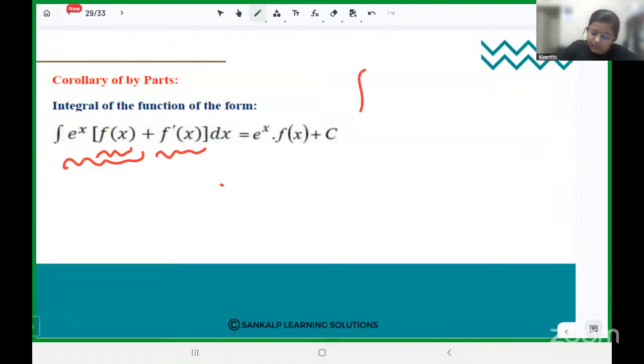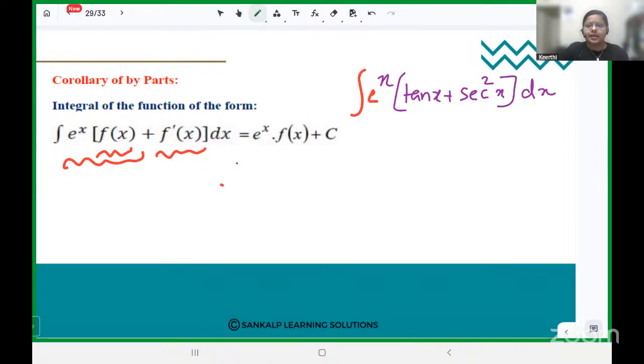That is, integral e raised x into tan x plus sec square x into dx. Here, if I choose f of x as tan x, what is the derivative of tan x? d by dx of tan x is equal to sec square x.